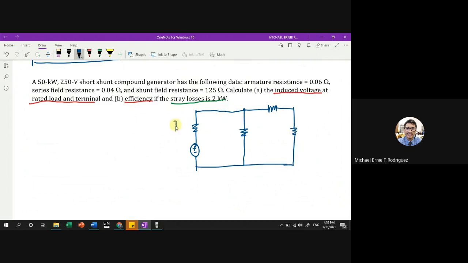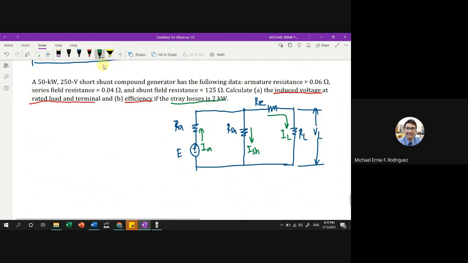So we have your RA, and then we have your E, generated EMF, and then RSH, we have your RSE, and then your RL. So we have VL. So we have your current, IL, ISH, IA, ayan.